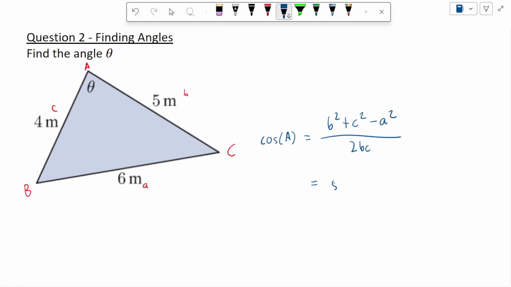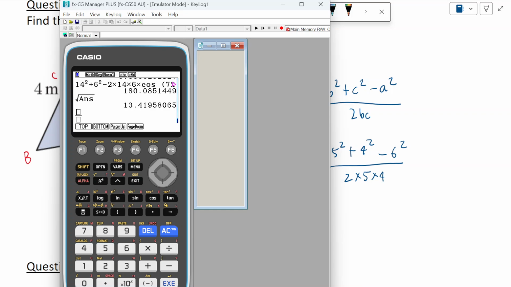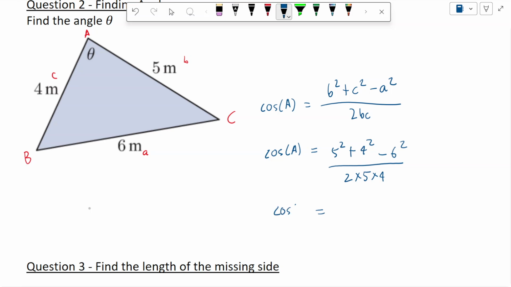So it's going to be 5 squared plus 4 squared, take 6 squared, all over 2 times 5 times 4, and that is cos of A. And we can figure out what that is. So let's do that. 5 squared, 4 squared, take 6 squared, and then 2 times 5 times 4 on the bottom. So it's an eighth. That's convenient. Cos of A is an eighth. Therefore, A, we have to do inverse cos.